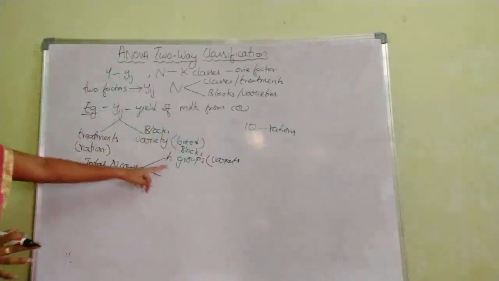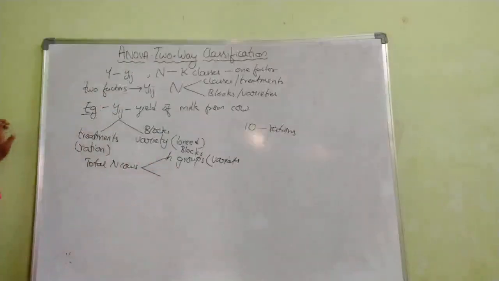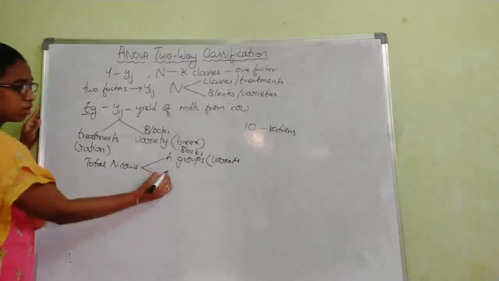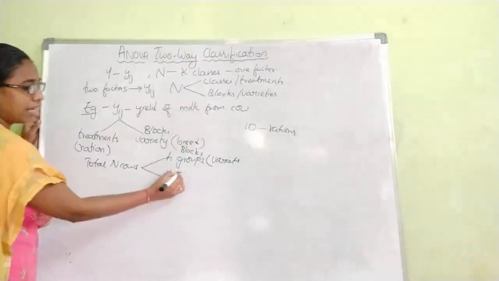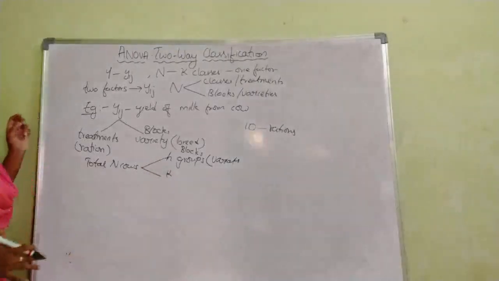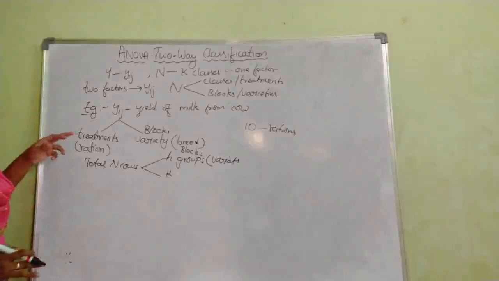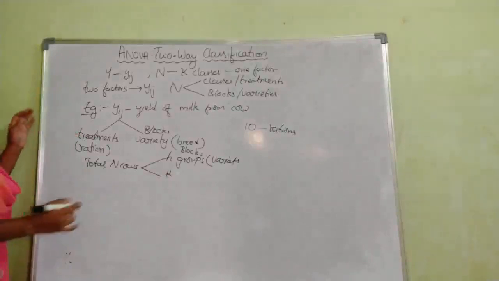So first we divide according to the groups or blocks, and among those H groups you will be having different treatments. Now let us consider the effect of K treatments. Each group contains K cows, right? So in each group they contain K cows, and those K cows are of K treatments.